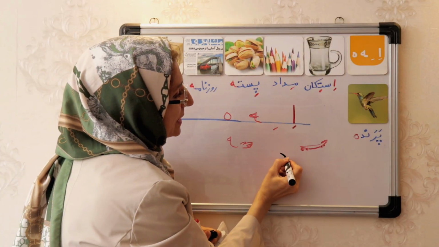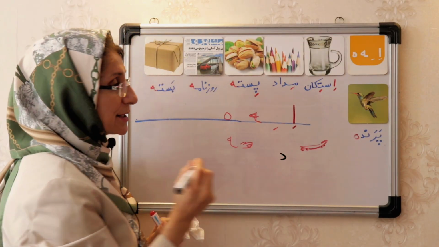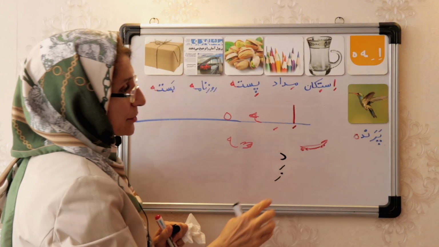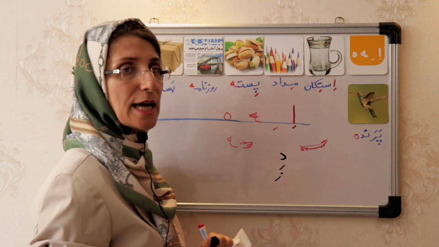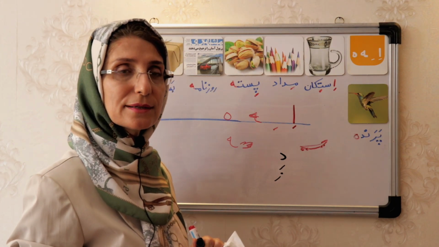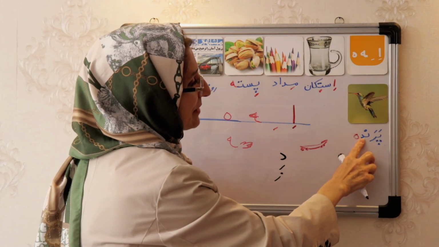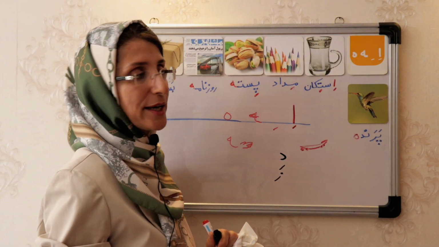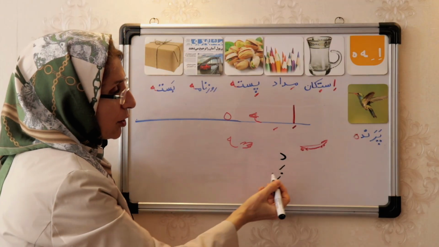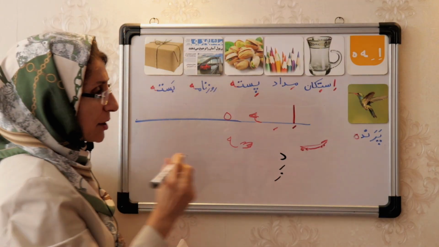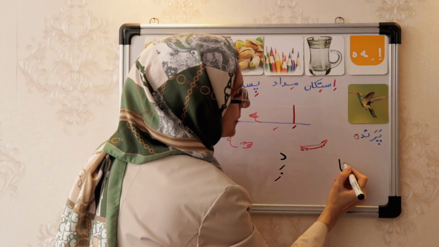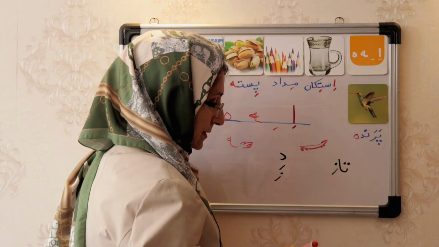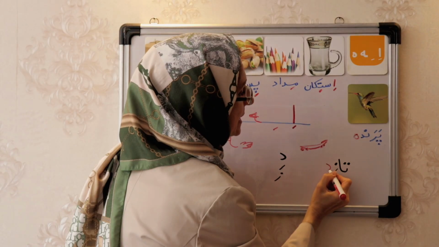For instance, the sounds that we have learned, R sound and Z sound. Look at here, for instance, in the word پرنده, bird. In پرنده, after the R you see A آخره تنها. Or for the Z sound, we have the word تازه.